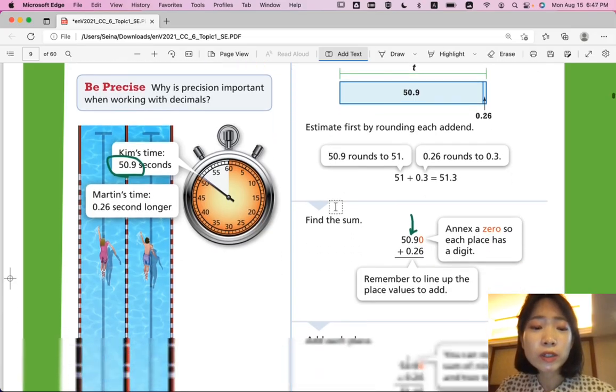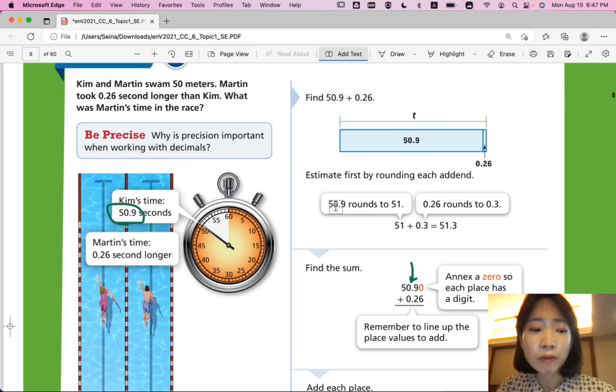So in order to figure out the time for Martin, you have to first know the important information. They're swimming 50 meters, okay? And you know Martin took 0.26 seconds longer than Kim, and Kim's time is 50.9 seconds. So from 50.9 seconds, you're going to add 0.26 to get Martin's final time.